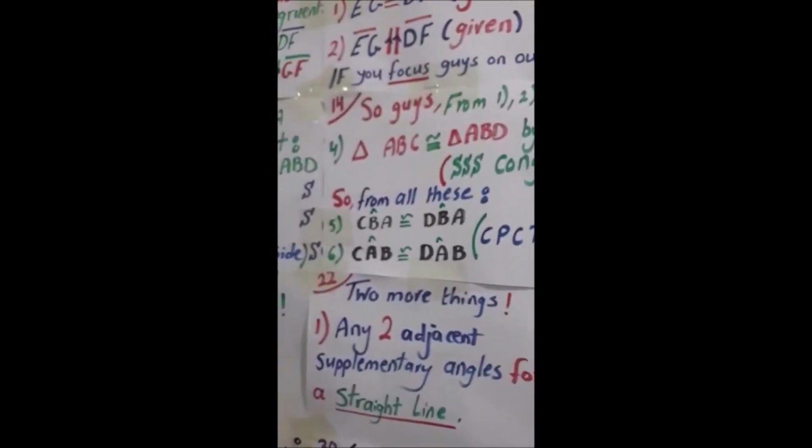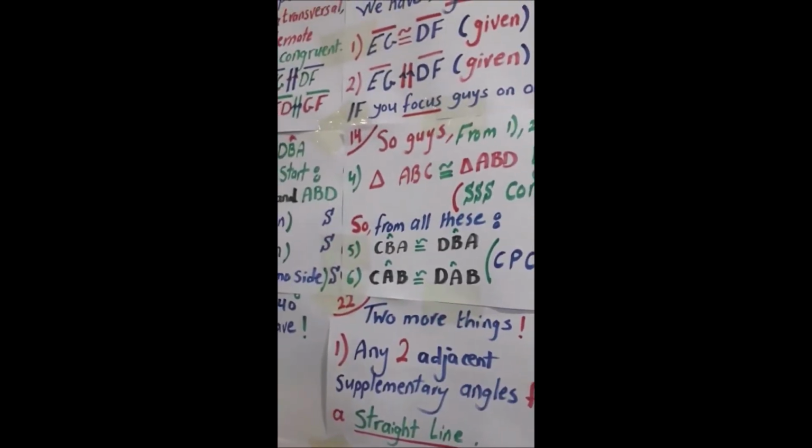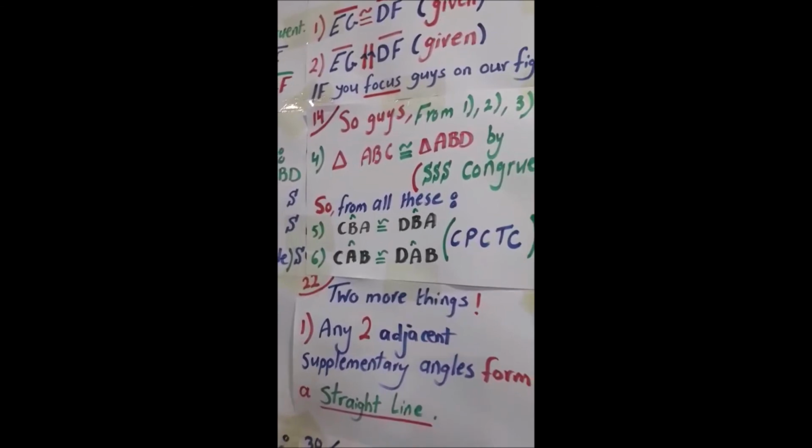So from all of these, we can say that from 5 and 6, the angle CBA is congruent to DBA.